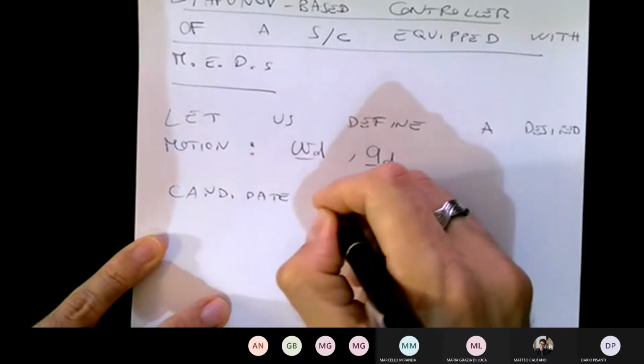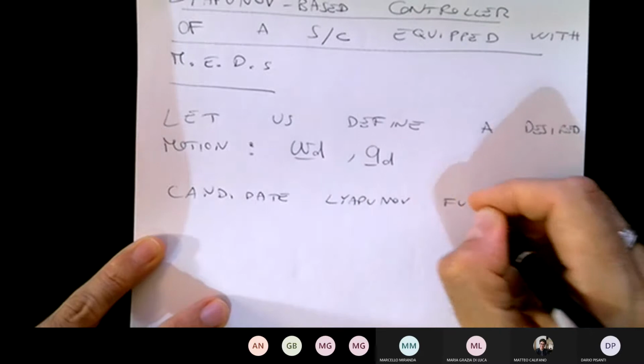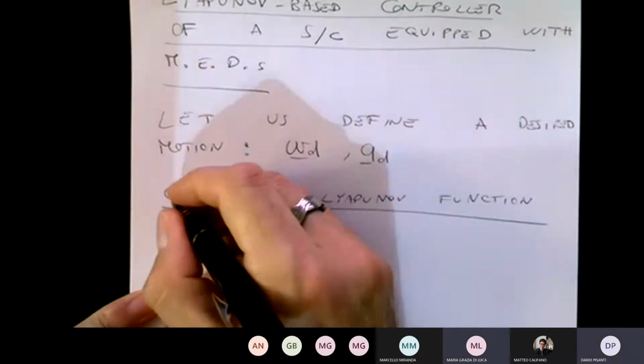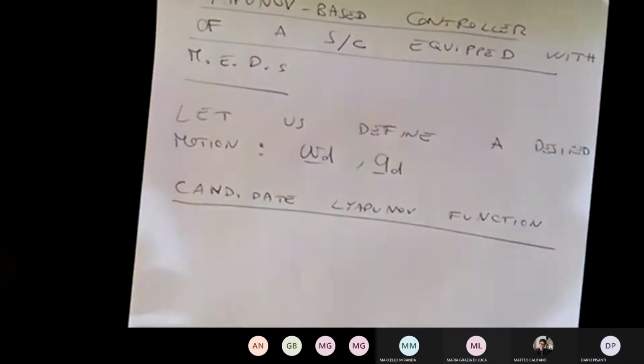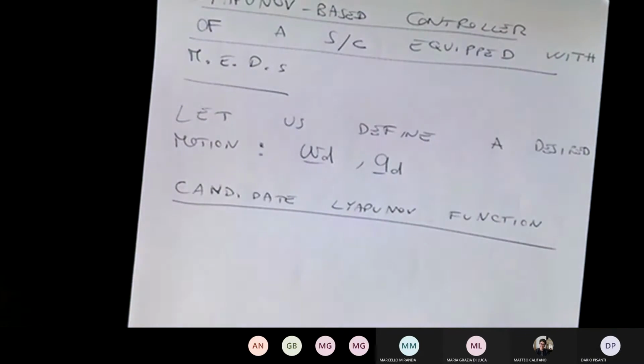How many do not know Lyapunov control? Okay. We'll see the conditions, but basically with Lyapunov control, you try to derive a controller that makes your closed loop system, your controlled system, Lyapunov stable, and we've seen what Lyapunov stability means in a few slides yesterday.